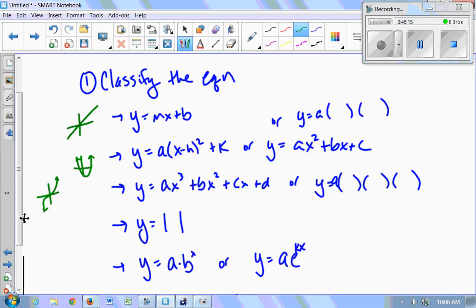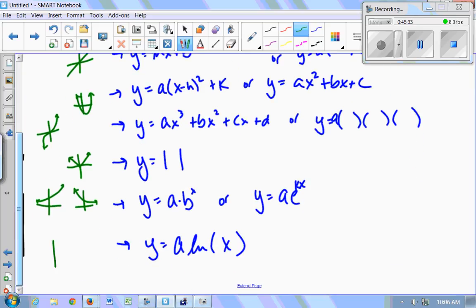Absolute value, that's a parent function that looks like this. And exponentials, right? So for growth, it would look like this. And for decay, it would look like this. And then I have a log function, looks like this. That's the parent function.